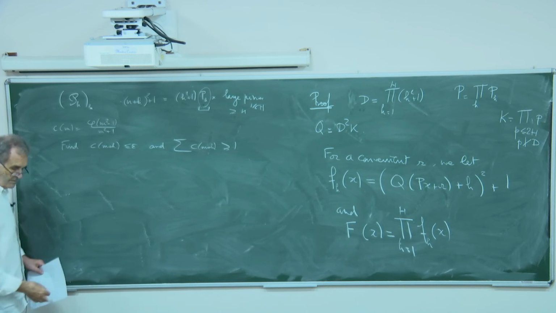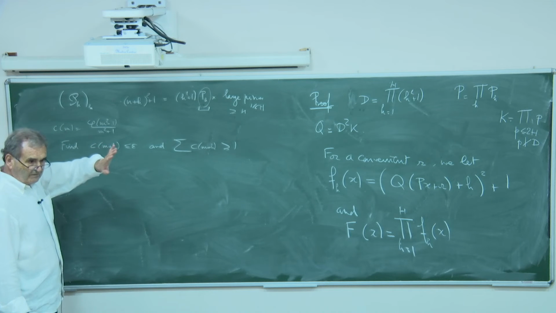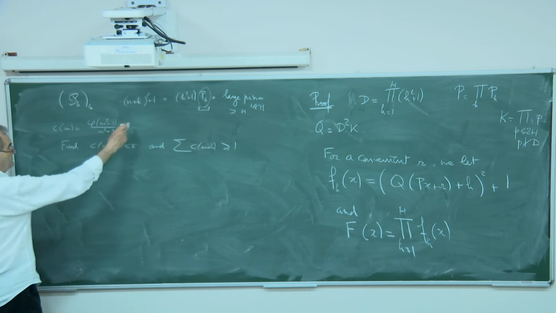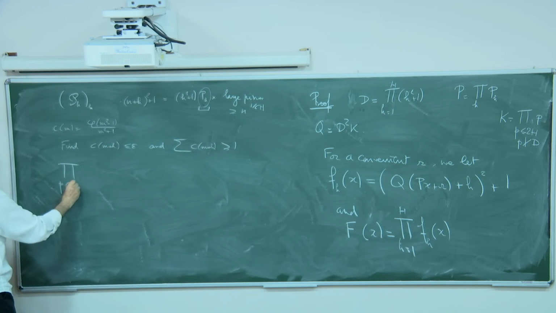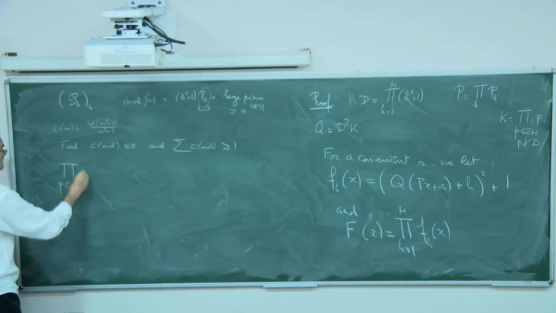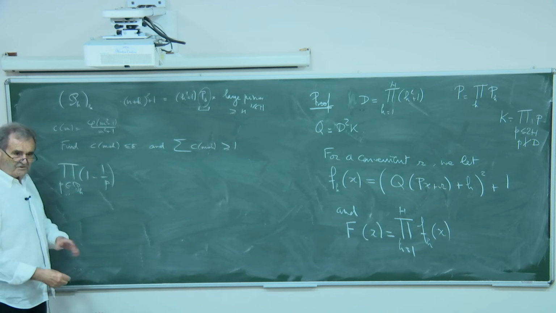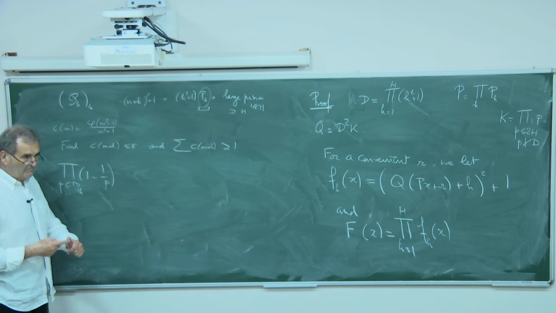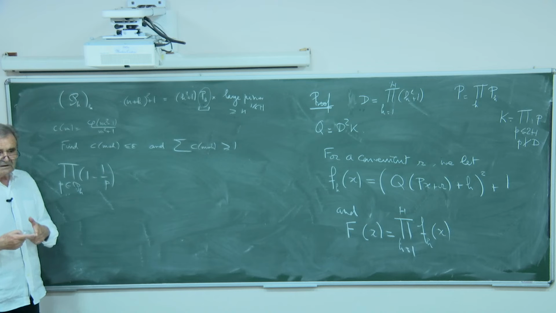So you have primes which are large primes congruent to 1 mod 4. The contribution to C_m of this will be the product, when p belongs to p_h, of 1 minus 1 over p. Now, if you remember, you have a large choice. The only thing which is said is that they have to be large and congruent to 1 mod 4.